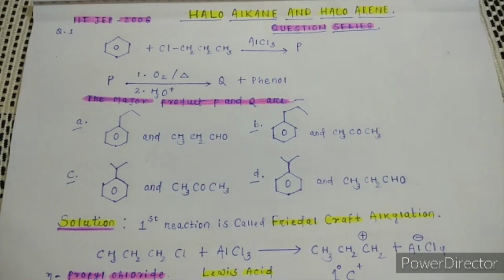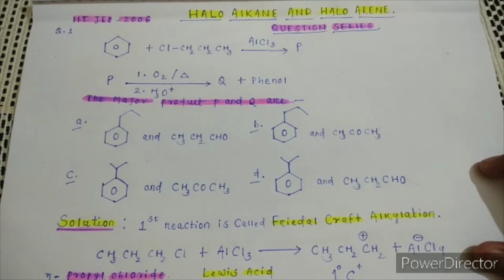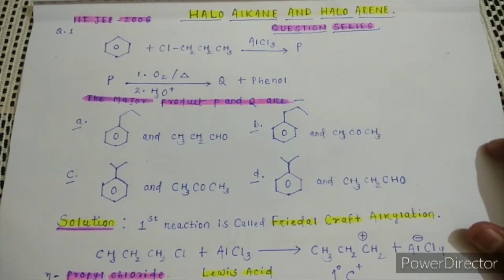So you see, the first question which I have written came in IIT JEE 2006. The question given is: benzene, a cyclic compound, reacts with n-propyl chloride in presence of AlCl3 to give P. Then P reacts with oxygen upon heating in the first step, and in the second step acidic hydrolysis is given.